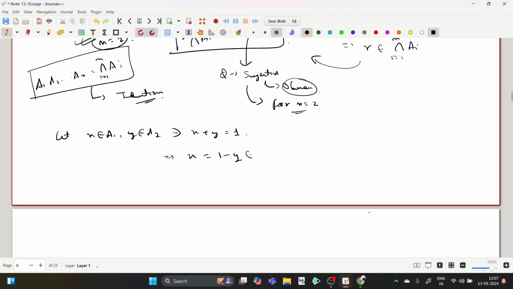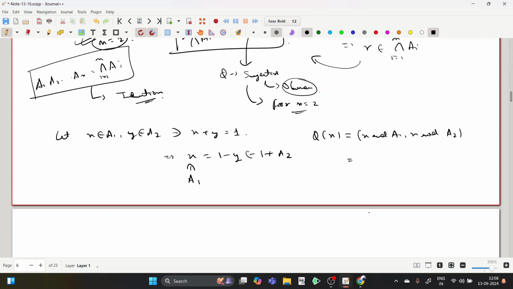Now 1 minus y is an element of 1 plus a2, and x is an element of a1, right? Therefore if I find what is phi of x, so phi of x is basically x mod a1 and x mod a2.